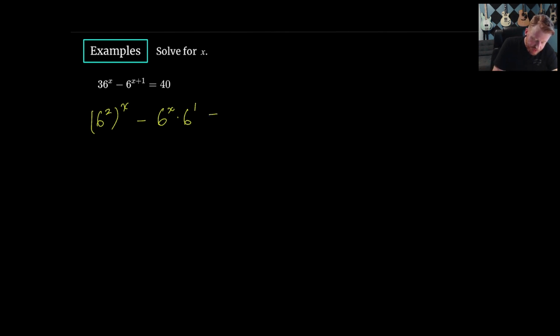I can subtract 40 from both sides and set this equal to 0. And now, maybe if I write this a little bit differently, I could rewrite this as 6 to the x being squared, just using the commutative property of multiplication to move those around, minus 6 times 6 to the x minus 40 equals 0.